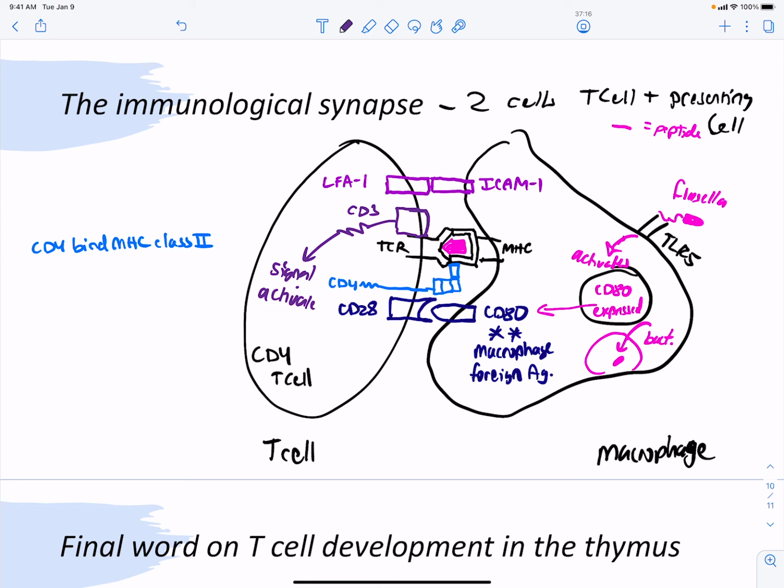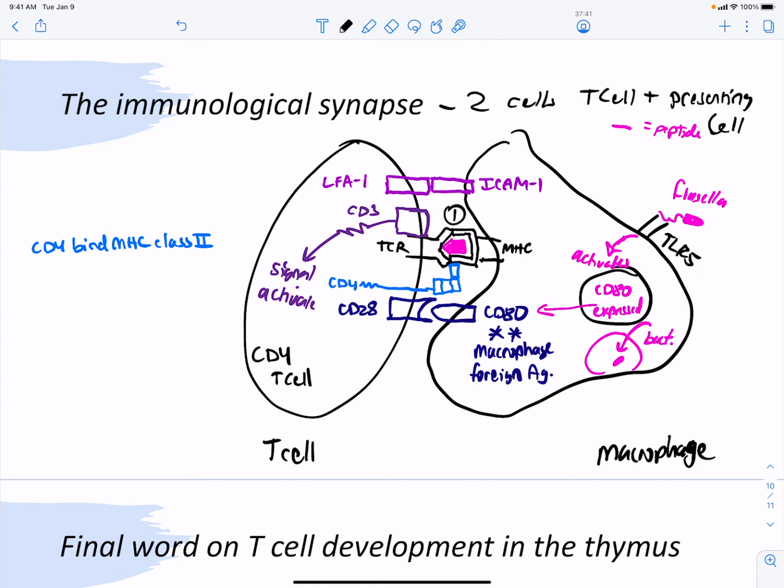Your APC, if it recognized that the antigen actually came from a foreign antigen, will be activated and express CD80. CD80 will tell the CD4 T cell by binding to CD28 that this is something foreign and you need to get activated. So what these are called are signal 1 and signal 2.